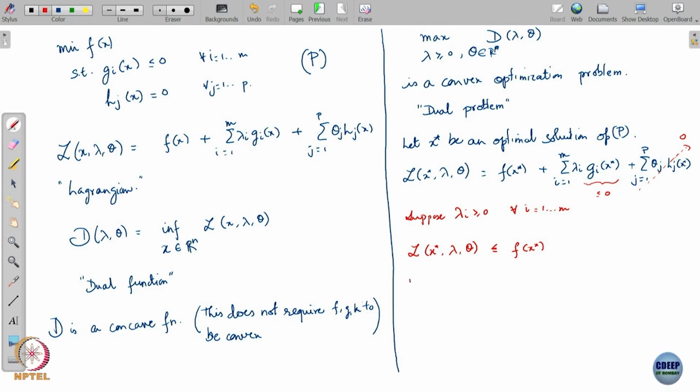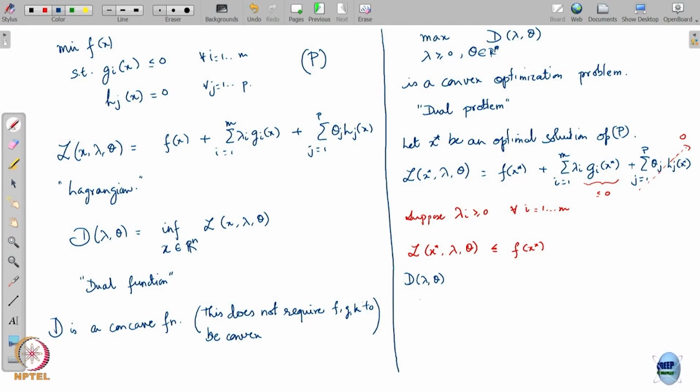Now, remember that d of lambda comma theta is the infimum of the Lagrangian.